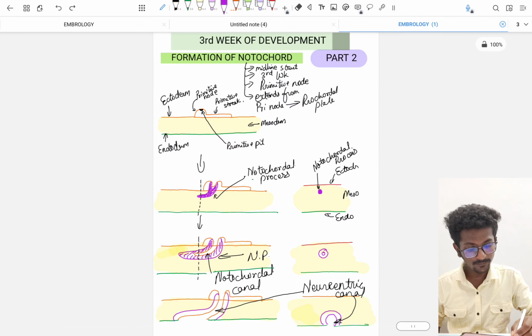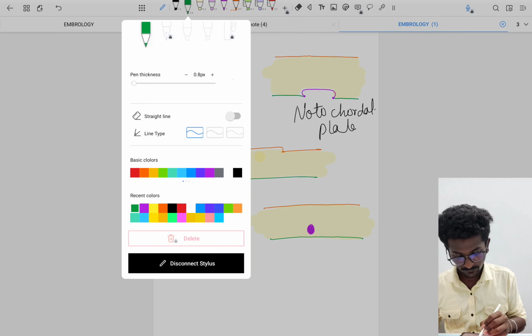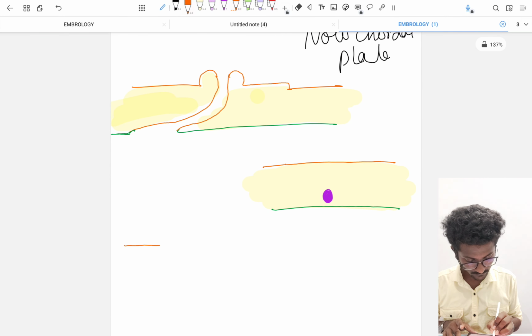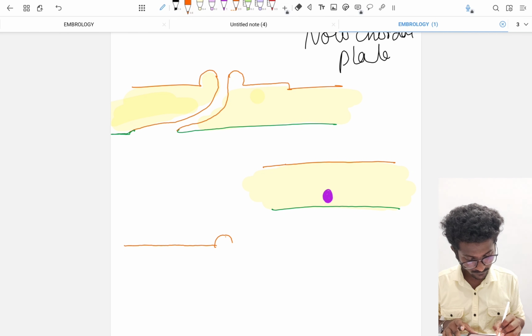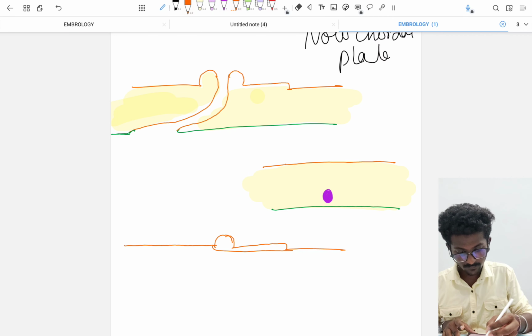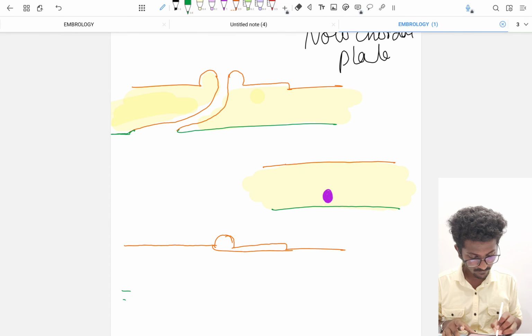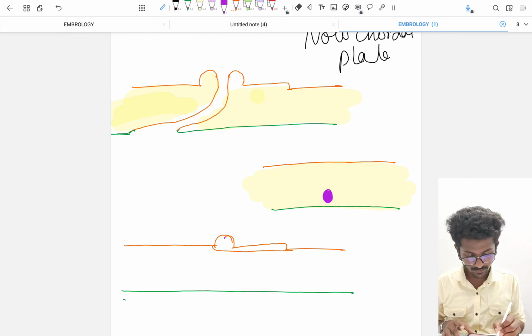First we had the formation, let me make it here also in this diagram, then we'll revise everything once again. This is the ectoderm. This is the endoderm. In the middle you have the mesoderm.